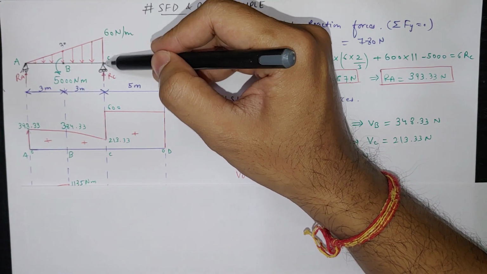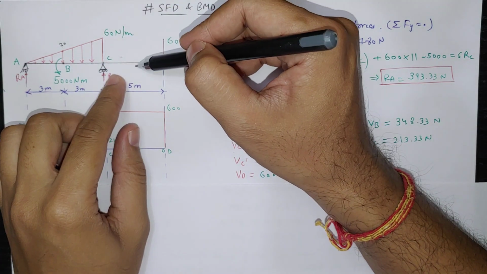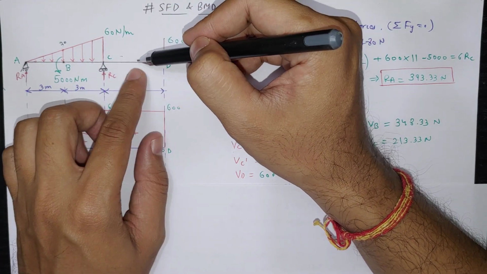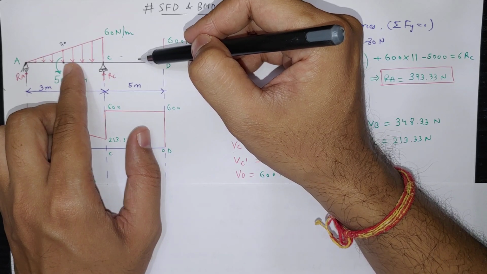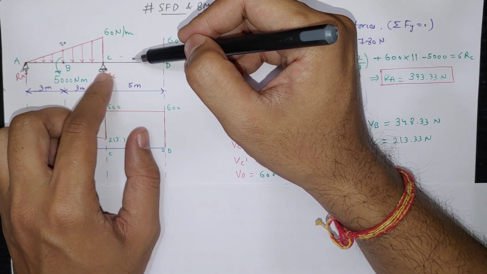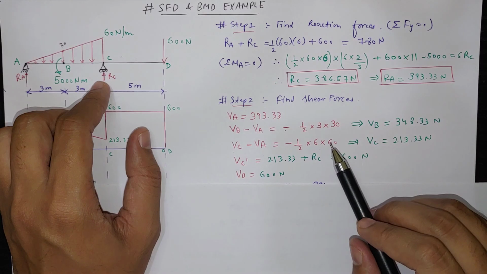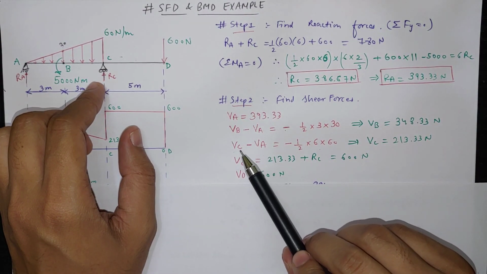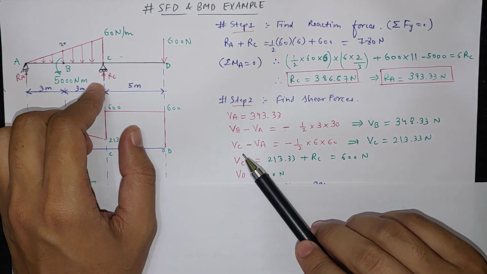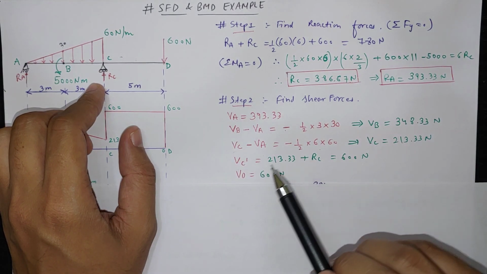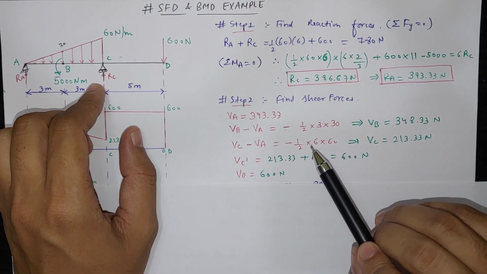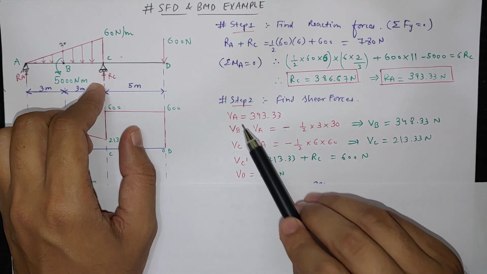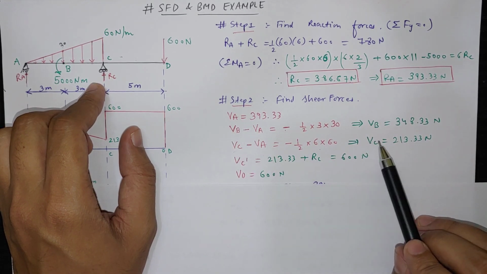So if you want to calculate a shear force at this location or somewhere here, then either calculate all the forces on left side or the right side and use the sign convention which we have discussed. So that way you can also calculate. So I am choosing to go with this area method because there is no need to remember the sign convention here. So VC minus VA equal to minus half into base into height. If we give VA value here, we get VC.